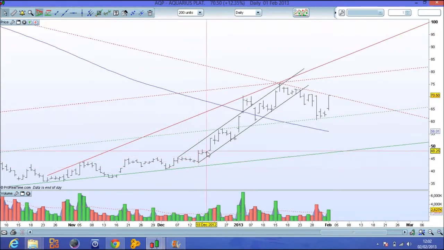Here we have Aquarius Platinum. It actually had a series of very small bull flags, and it looked like it was forming a very healthy uptrending channel, really. We actually got a little bit caught out on this one. It was bouncing from resistance to support.